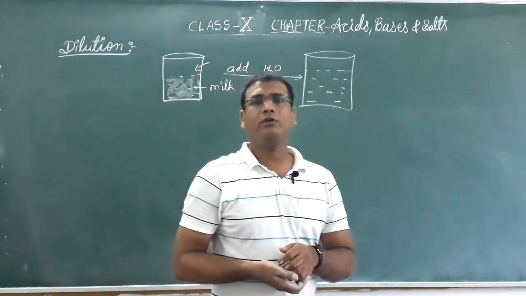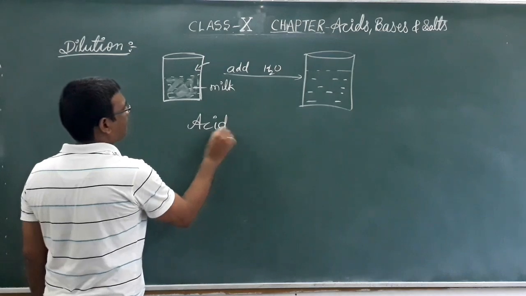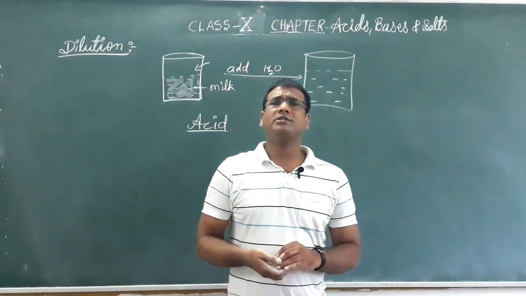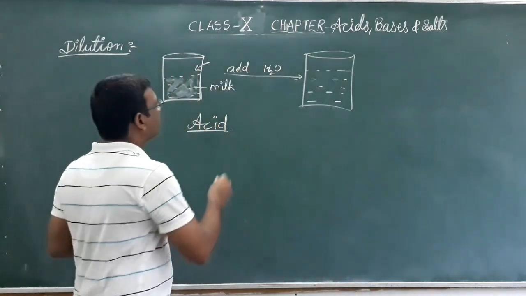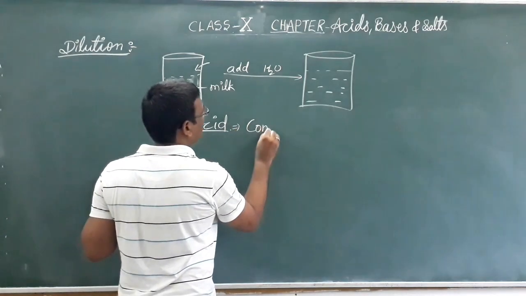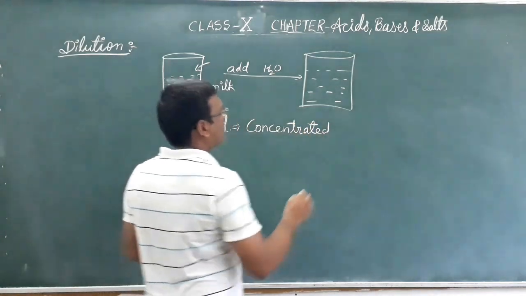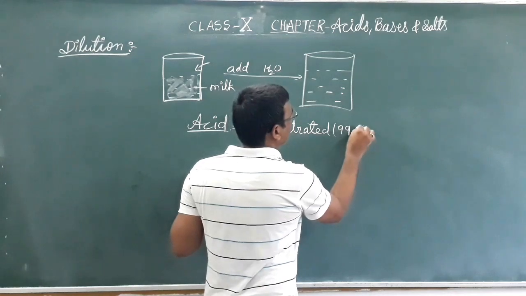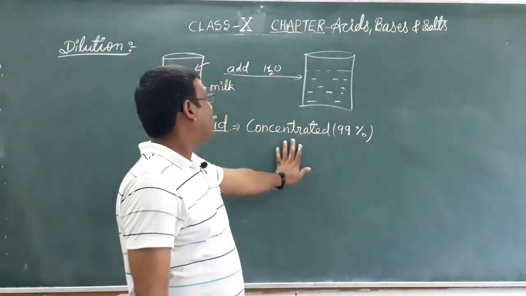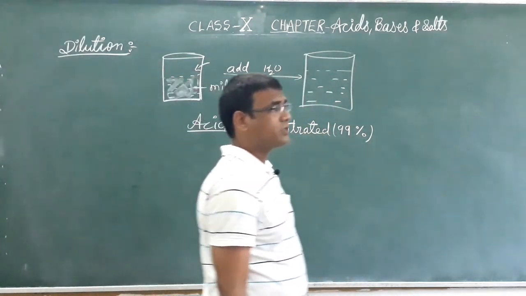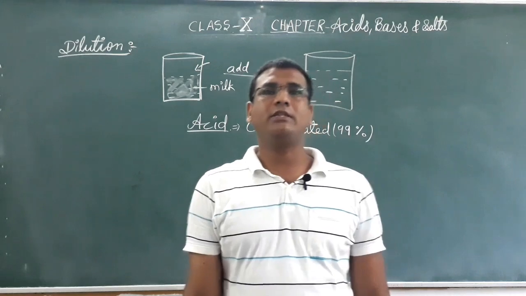Look how, when we are purchasing any salt or acid from the manufacturer, it is coming in concentrated form, that means sometimes it is 99% pure, and that 99% pure concentrated acid cannot be given to the students for performing various experiments, various activities in the chemistry lab.